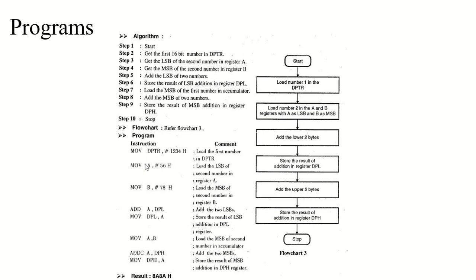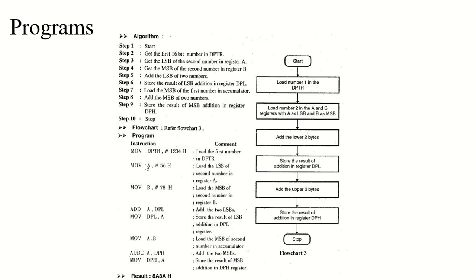The next step is to load the MSB of the first number in the accumulator and add the MSB of the two numbers. This time we will have DPH and register B, the addition of the contents of DPH and register B, and we have to store the result of the MSB addition in register DPH, and then we will stop.